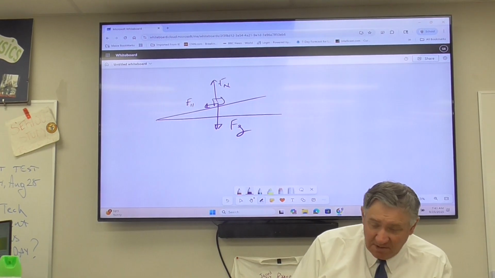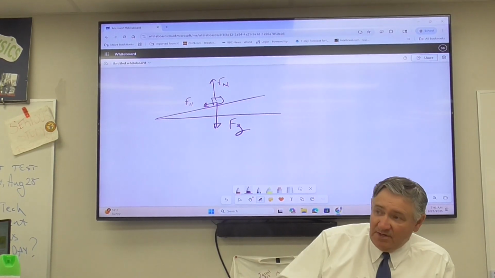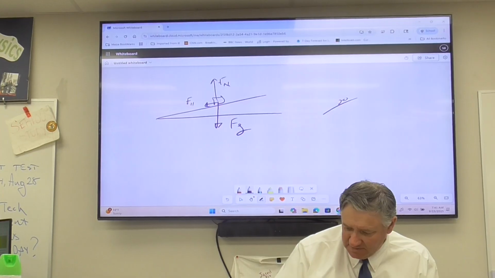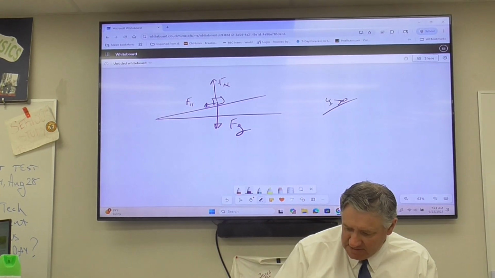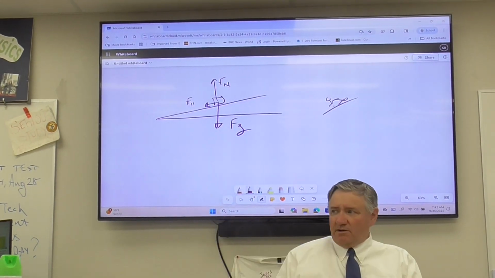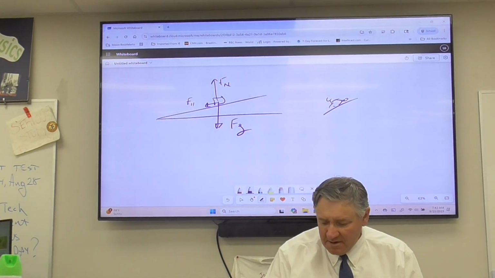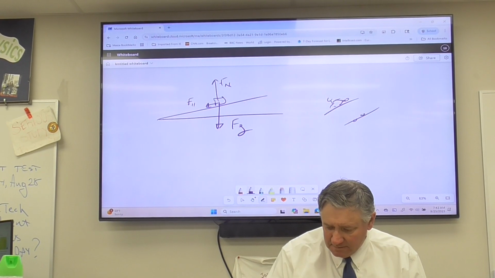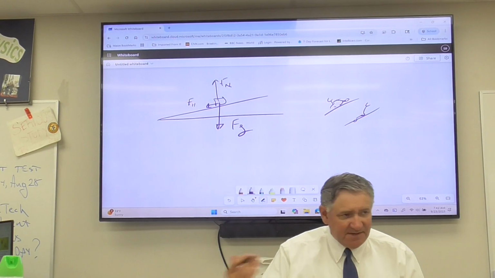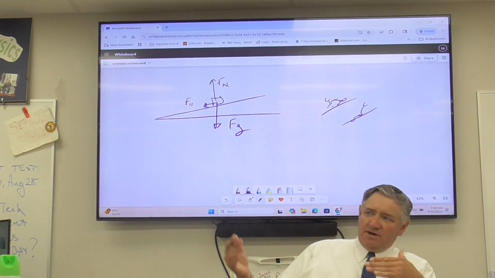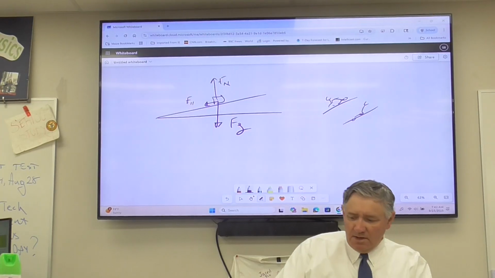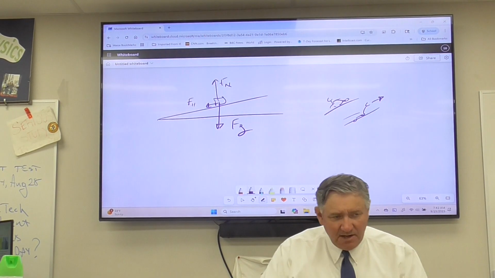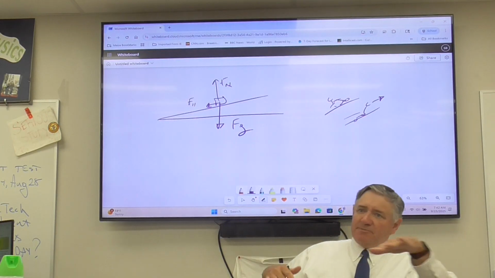Your applied force can also go up or down. So if Dylan is pushing the mower up the hill, he's obviously going to push up the hill. But by the same token, if the mower is going down the hill and he doesn't want it to accelerate out of control, it's going to go down the hill, but he's actually going to be pulling up to keep it from going down.